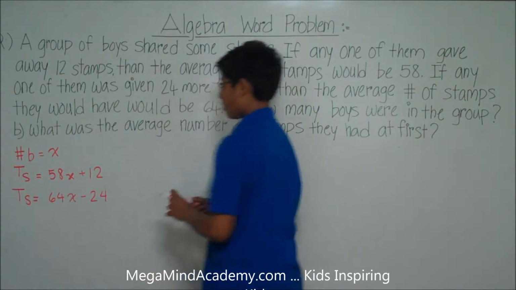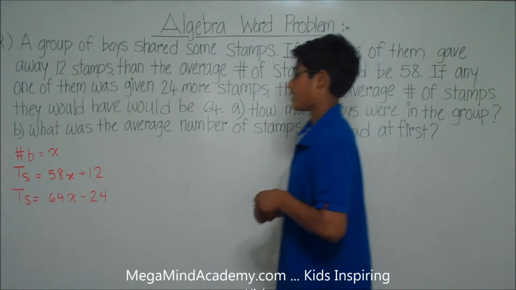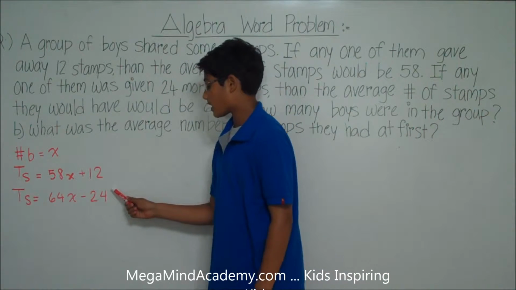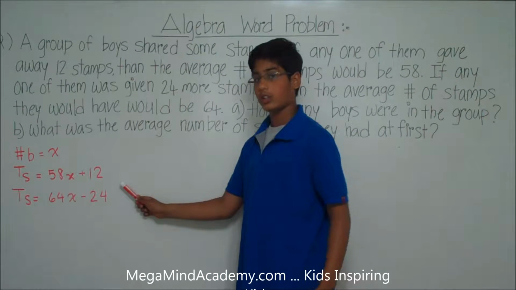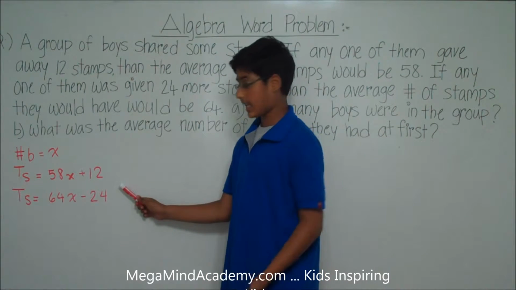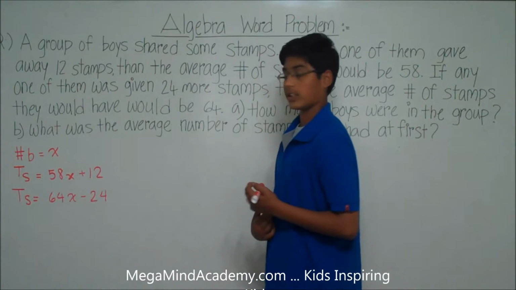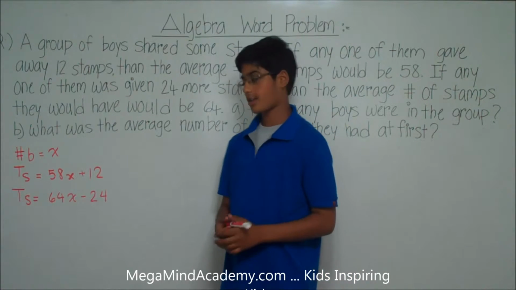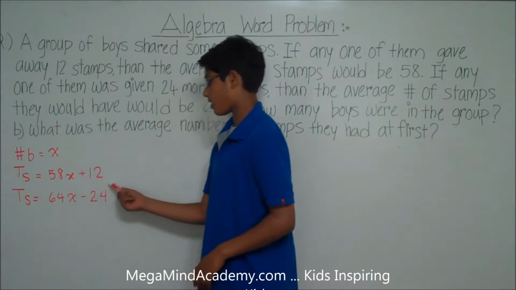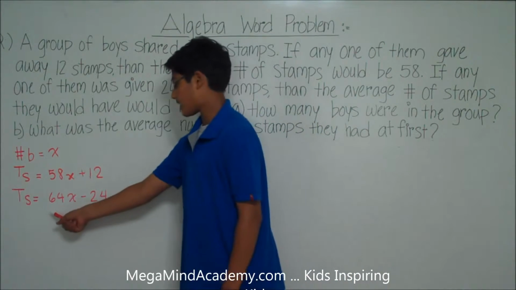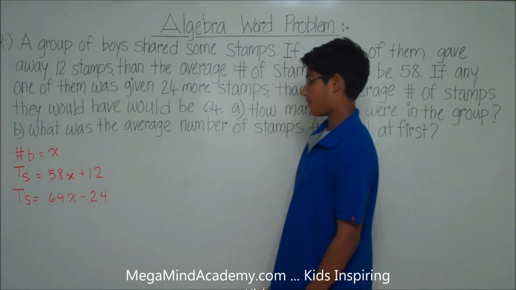Now, we know that both of these equations are equal to the total number of stamps. And we know that the total number of stamps has not changed. So this means that 58X plus 12 is equal to 64X minus 24.